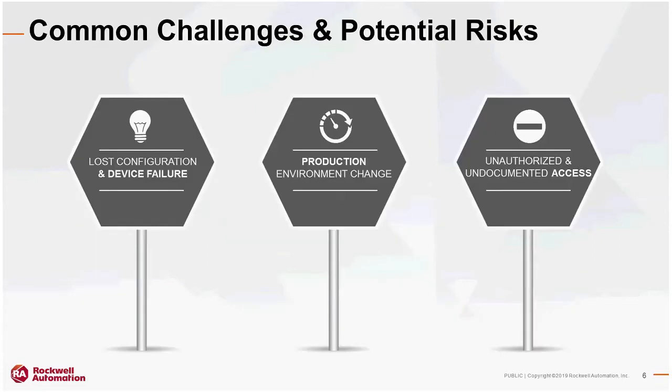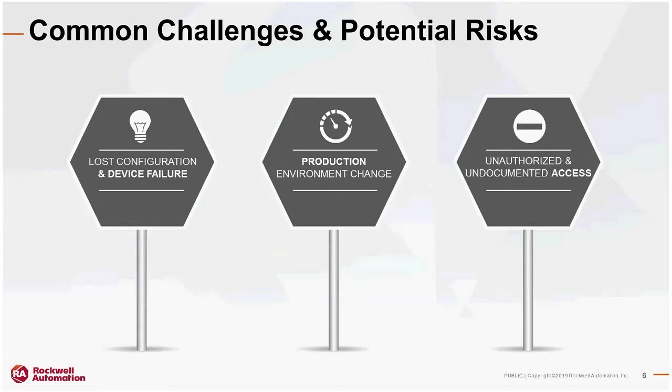Some common challenges and risks include lost configurations and device failure. If one of your PLCs fails, do you know precisely right now where to find the code? What about managed switch configuration files? Maybe you have multiple versions of documents that you have to manage.